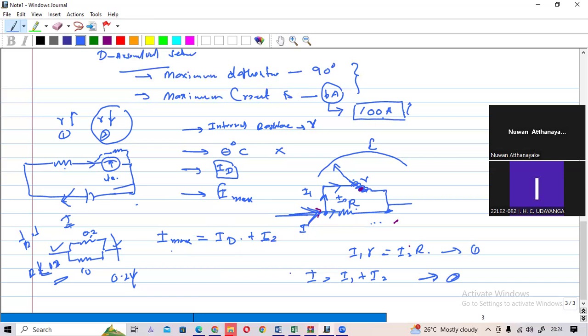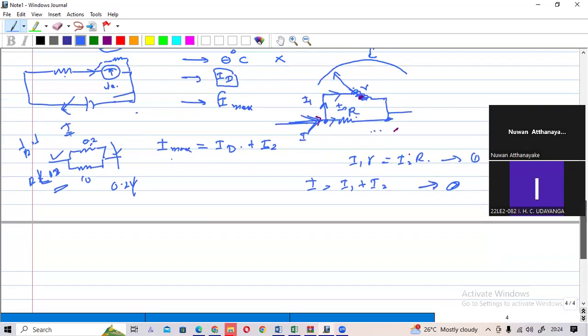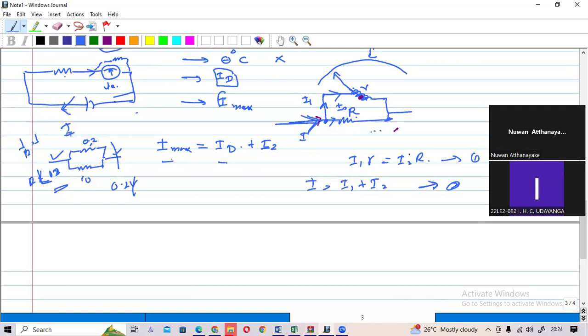Now this I2 is not important for us. We need this Imax, ID and this resistance. So simply you can remove this I2.